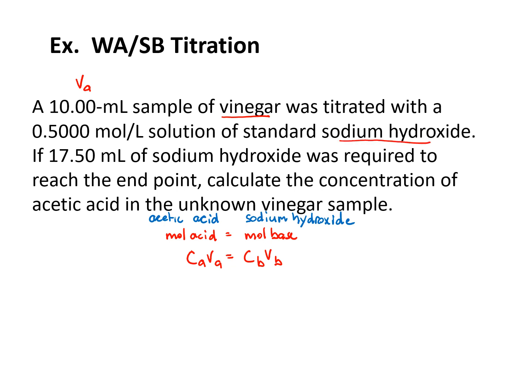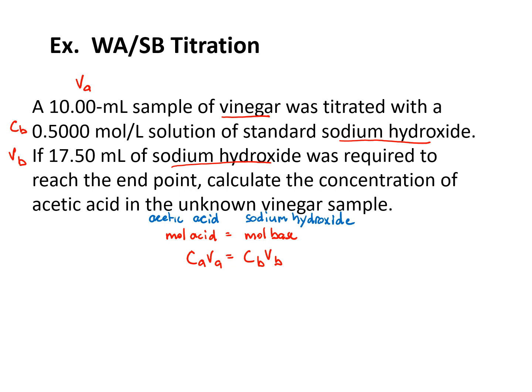We know sodium hydroxide as a strong base, and so this has to be the concentration of our strong base. And we're also told that 17.5 milliliters of sodium hydroxide was required to reach the endpoint. Sodium hydroxide. Again, this is our strong base, and so 17.5 milliliters has to be our volume of base.